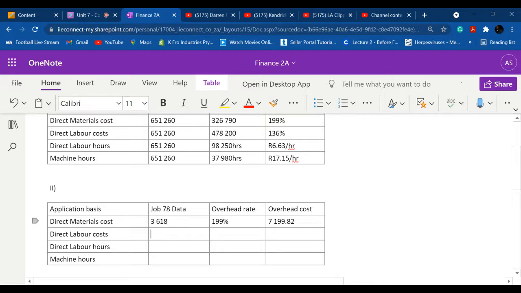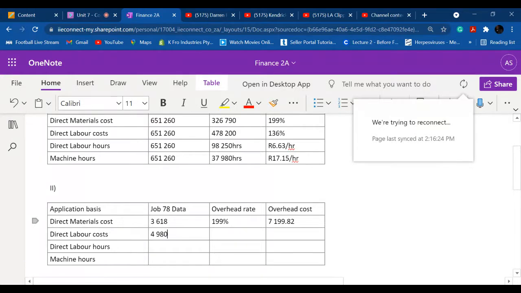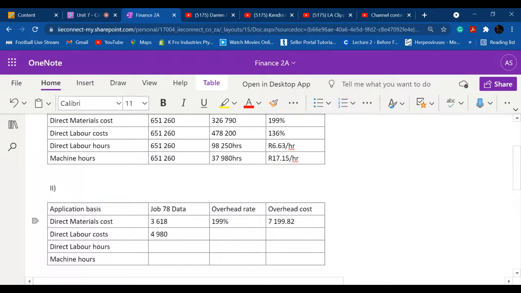Right. Then direct labor. They've told us direct labor costs for job 78 is 4,980. And what did we calculate there for labor costs? Yep, it was 136%. So again, we say this 4,980 times 1.36.